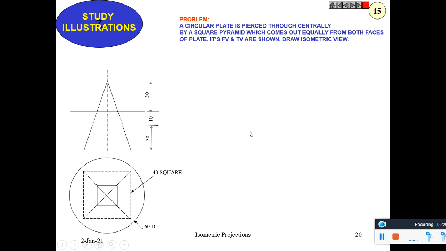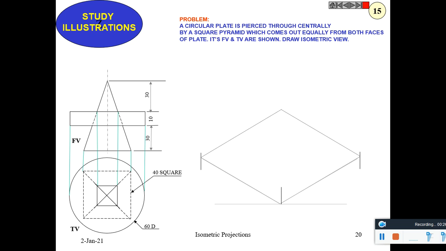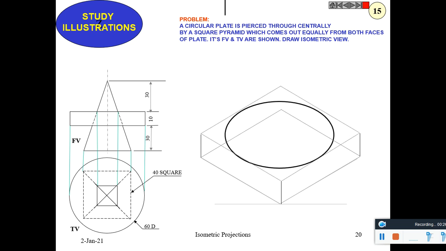As in the above case, this plate is drawn first. It is a 40 square plate of 10 millimeter height, drawn first.